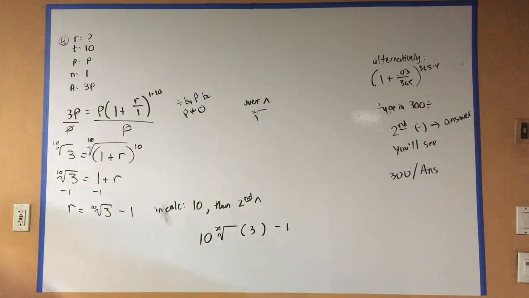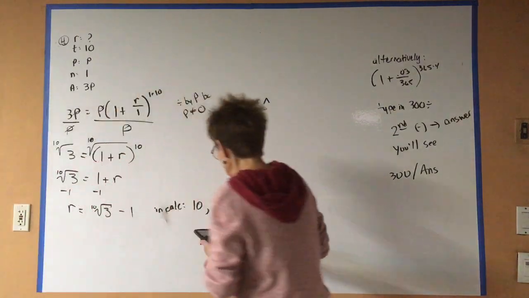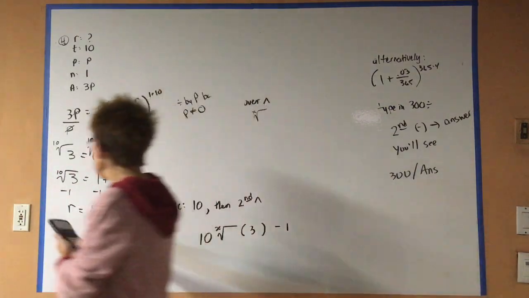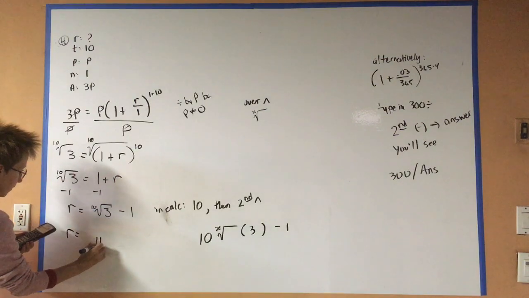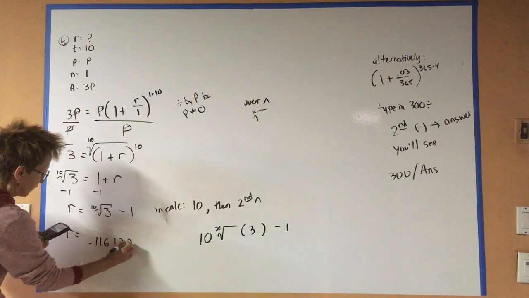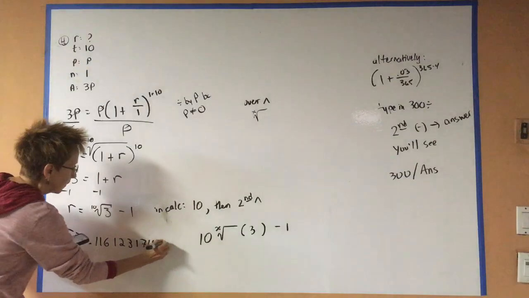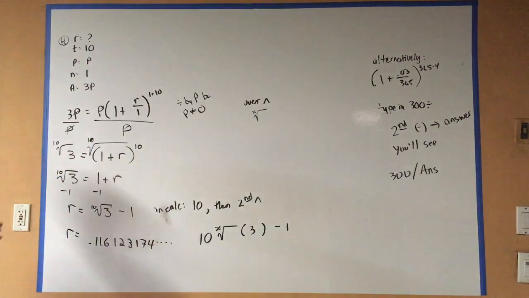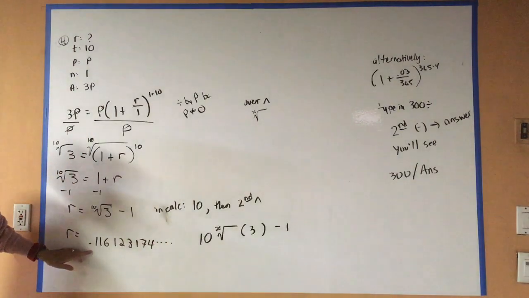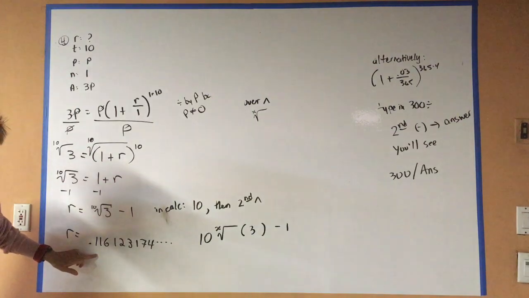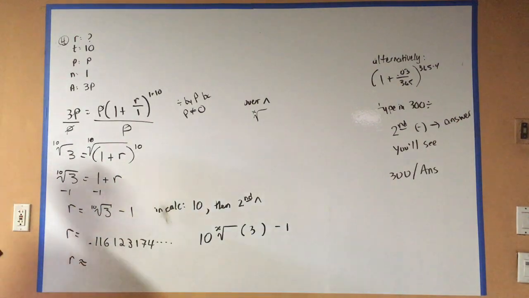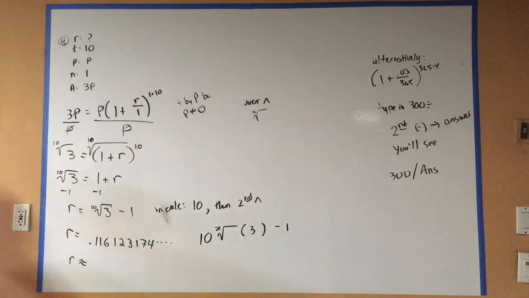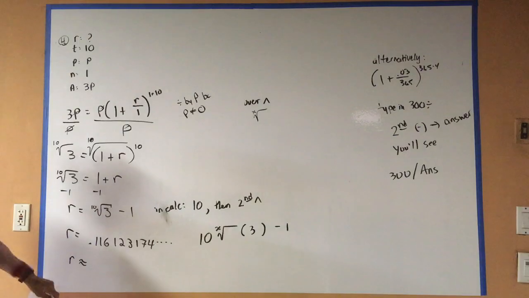And what spits out is 0.116123. That looks really good. So what spits out here is r is equal to 0.116123174. It keeps going. This is an interest rate, okay, in its decimal form. So that means the interest rate written as a percentage and rounded, so let's round it to 3 decimal places.